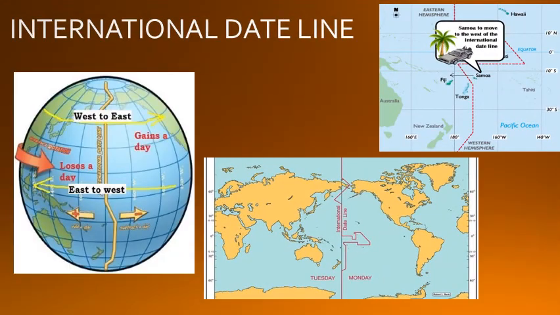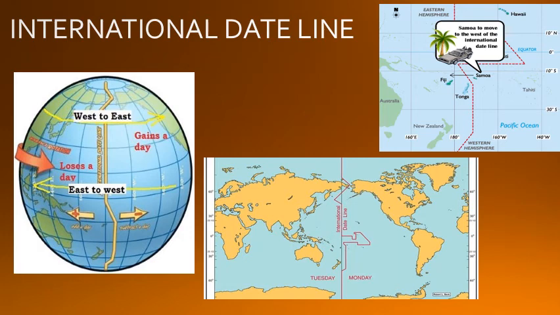What is the International Dateline or IDL? The International Dateline is an imaginary line on the Earth's surface defining the boundary between one day and the next. It is located halfway around the world from the prime meridian.